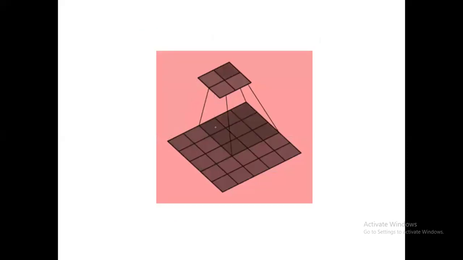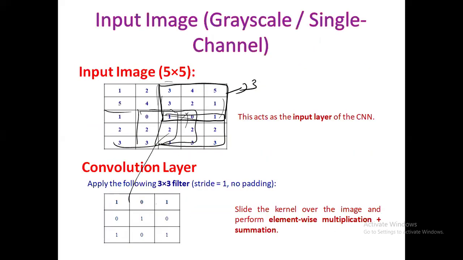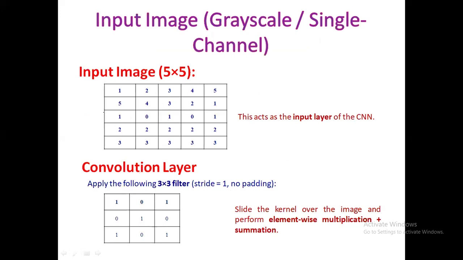In this case, I have taken the stride value as 1. Suppose I am taking stride equal to 2, which means 2 steps. Instead of moving one step, with stride 2 it will be moving 2 steps like this.